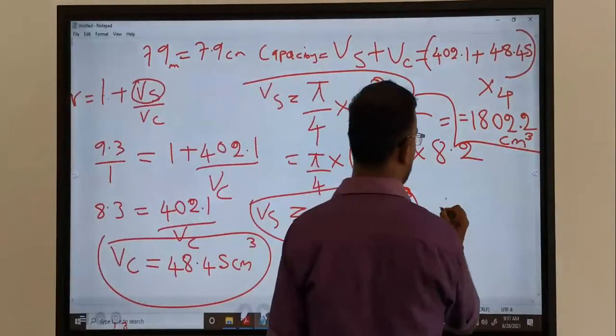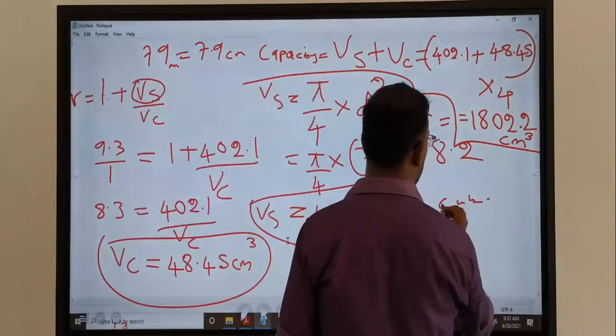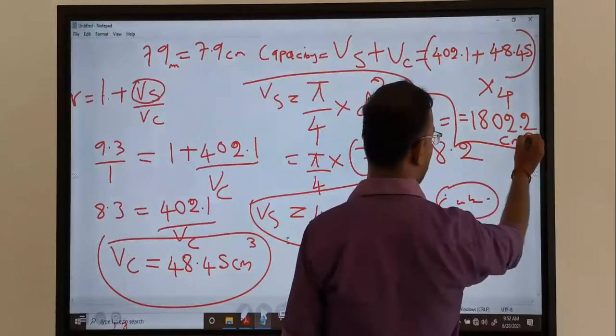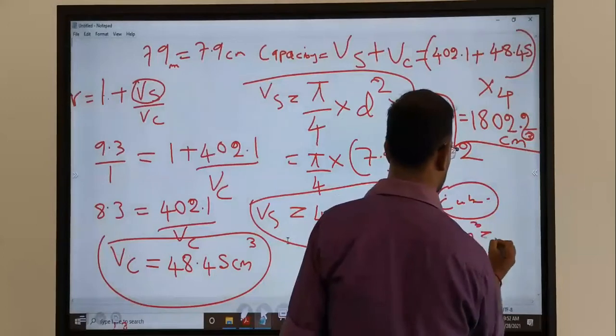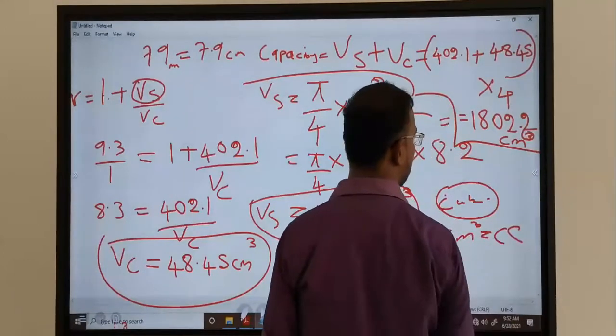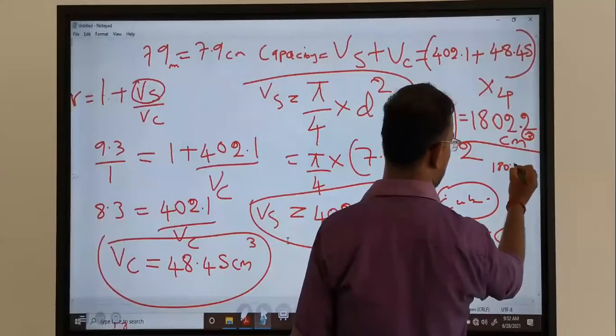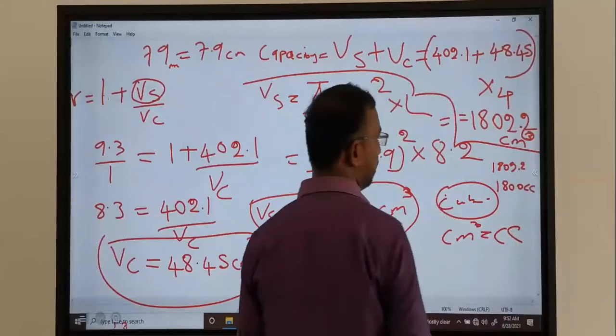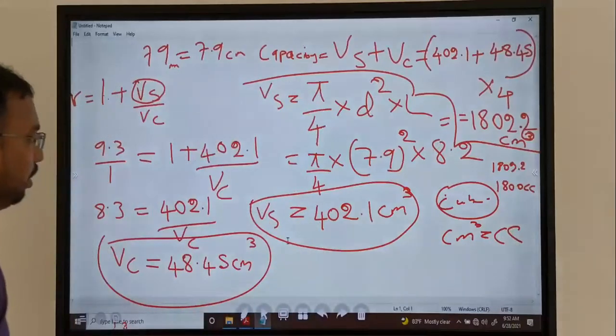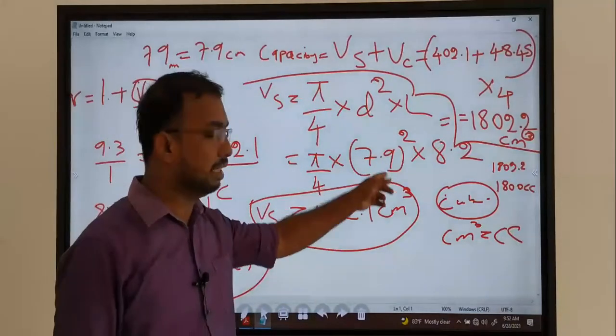The cube comes from this. So instead of centimeter cube, we use cc. So here it is around 1800 cc.